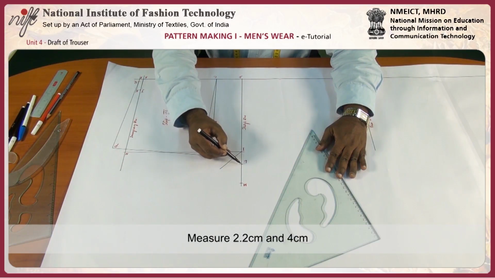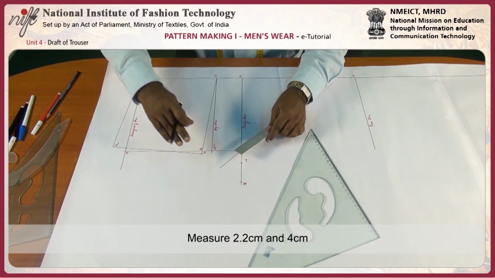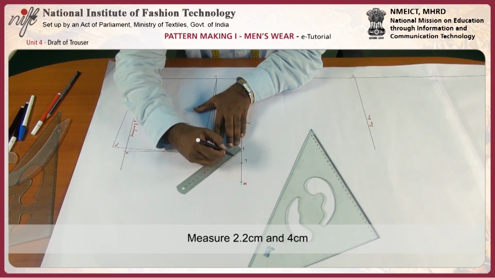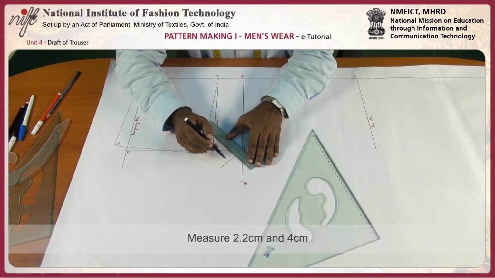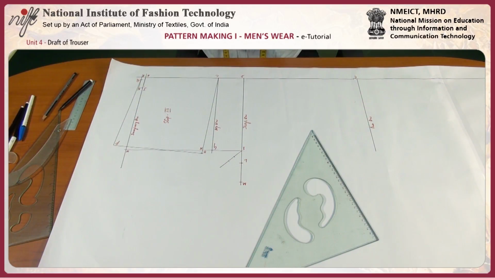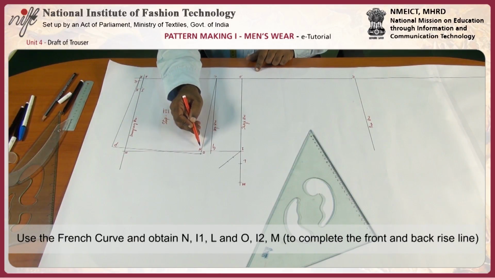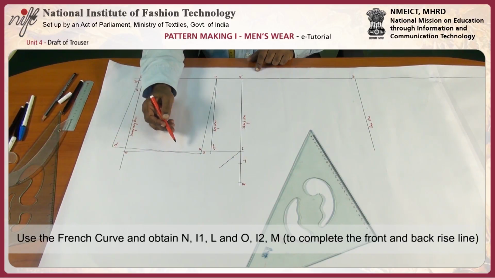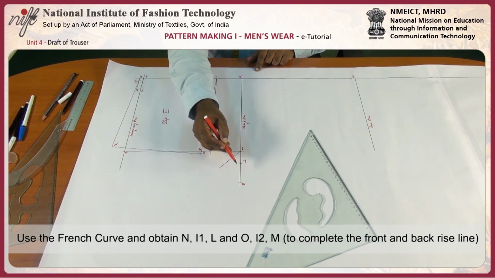This line is bisecting the angle of I. Measure 2.2 centimeter and 4 centimeter now to obtain N, I1 and L and O, I2 and M.